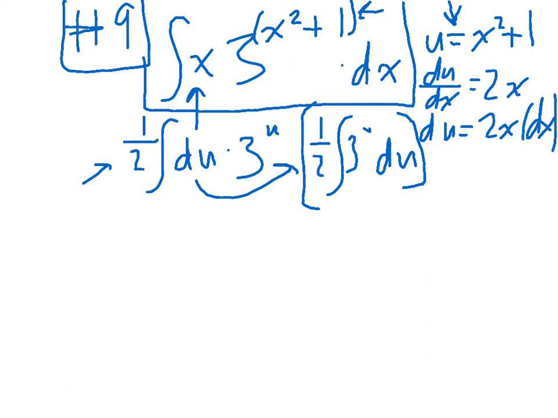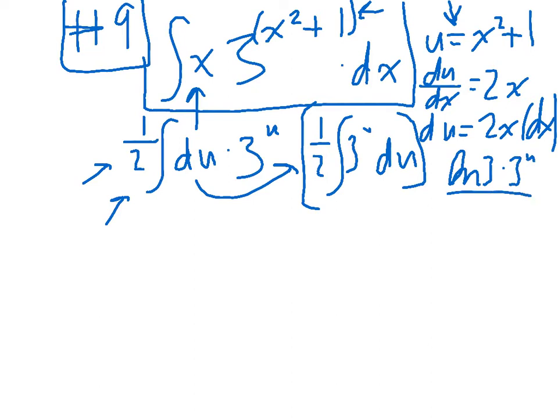Okay. So here's the next step. Since finding the derivative of a coefficient to a power is always the natural log of that coefficient times the coefficient to the power, we're going to need to get a little bit tricky at this point. So this reciprocal on the outside, we're going to need to multiply that by the natural log of 3. We need to do that because the derivative of 3 to the u would be the natural log of 3 times 3 to the u.